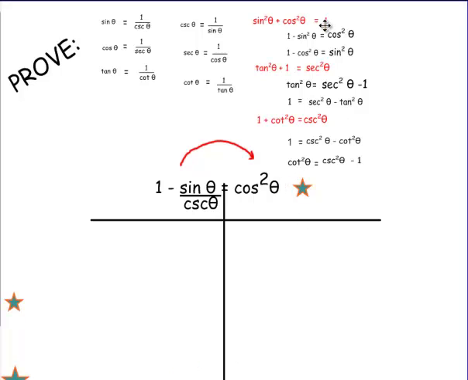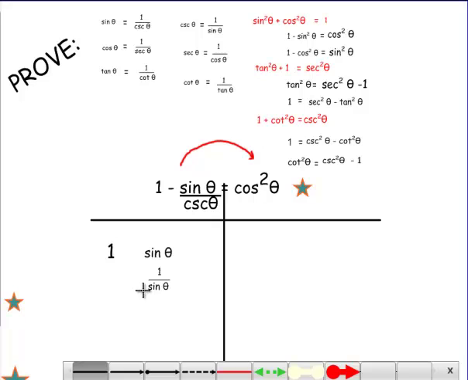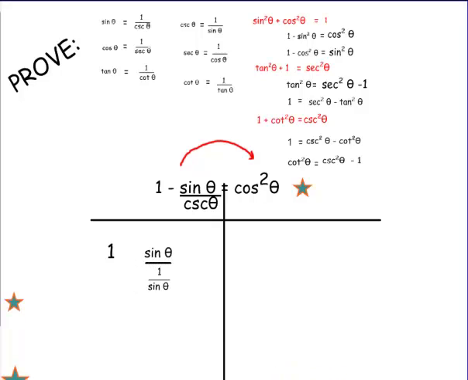Well, this 1 I'm going to still bring down as 1. There it is. Sine, I'm still going to bring down as sine. But instead, this cosecant, I'm going to bring down as 1 over sine. Now I've got to manipulate.